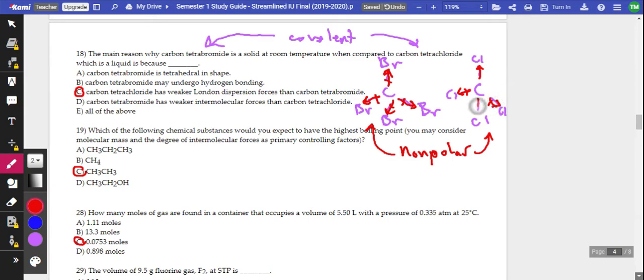So our bond dipoles go in those directions. Okay, so overall they're nonpolar because it's a symmetrical pull of the electron cloud towards every single atom. There's no lone pairs to throw off that symmetry. So they're nonpolar molecules. They aren't going to stick very well to each other via intermolecular forces.